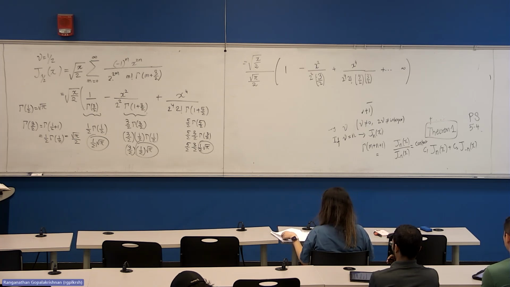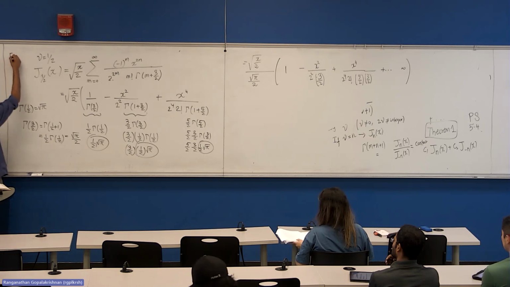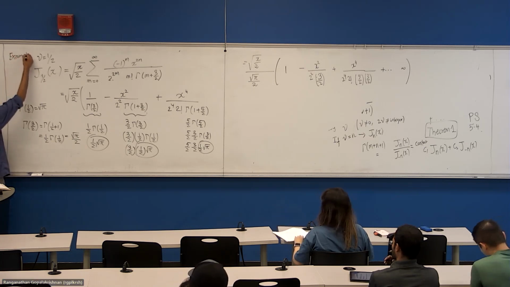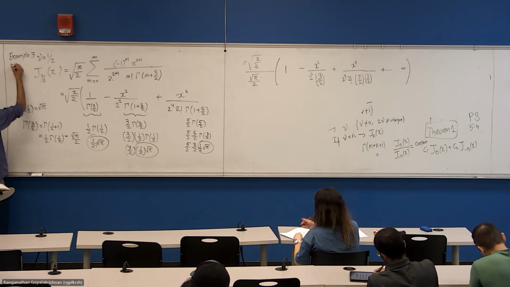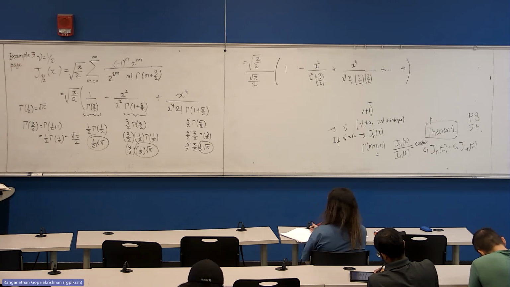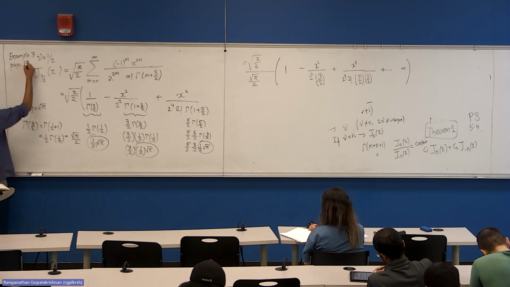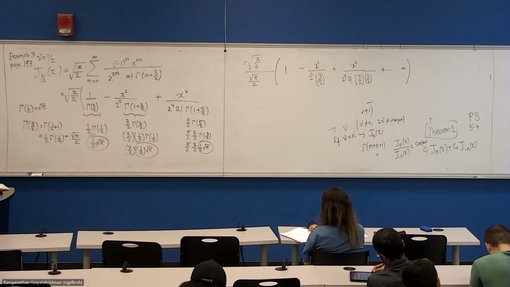I guess what I'll say is, I don't think I'm very well prepared to talk about this today, but I would refer you to example 3, which is on page 193.